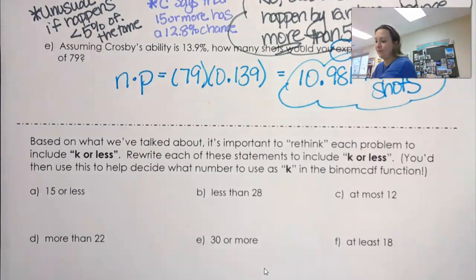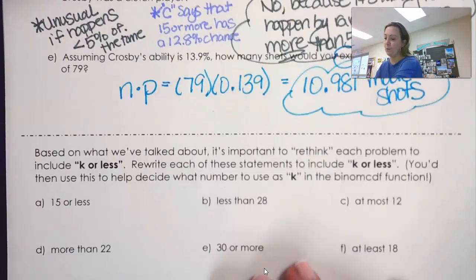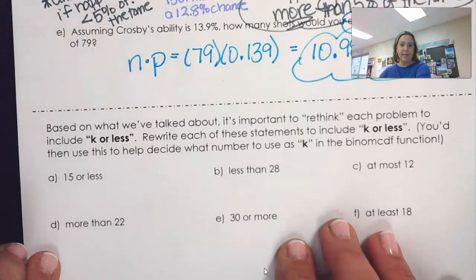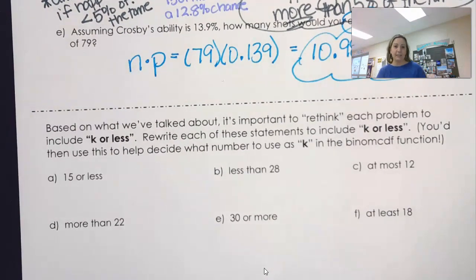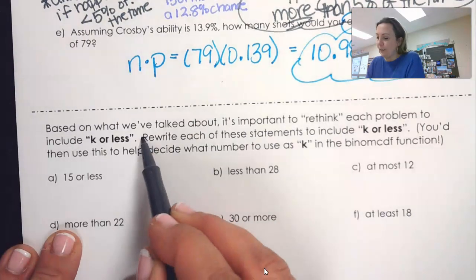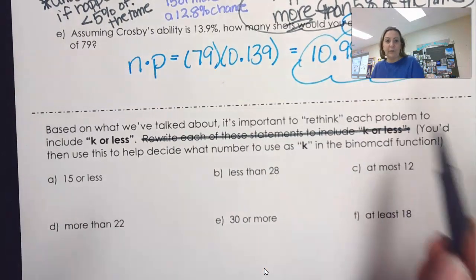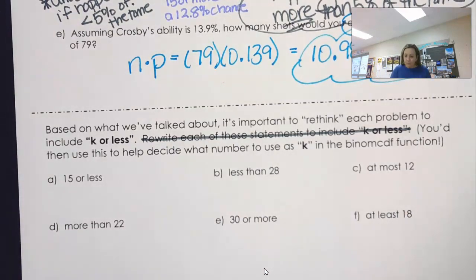So based on what we've talked about, it is kind of important to rethink each problem, to think about what it is that K or less that we're talking about. I don't need us to rewrite each of the statements to include K or less, but I am going to make a little picture to kind of help us decide what we should maybe use in these different functions, okay?